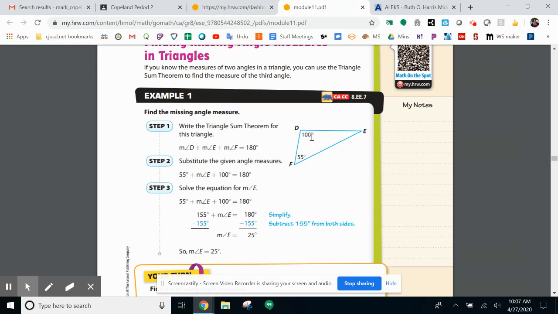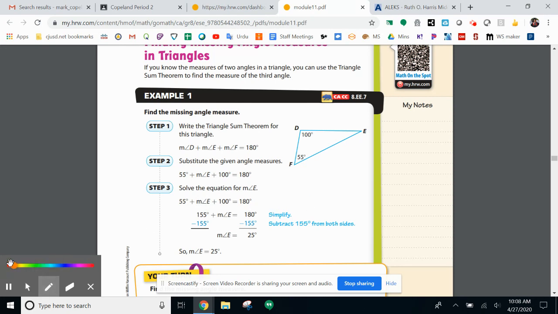If we know this one is 100 and this one is 55, then we can subtract those from 180 to find the total. And that's what they did here. They're saying each of these three angles add up to 180. So if we know two of them, then that last one is what we need to find.